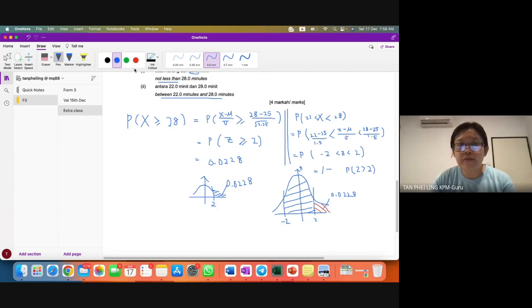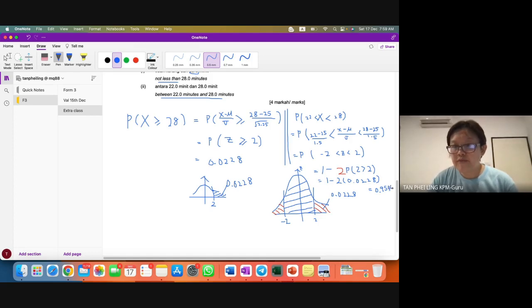And don't forget that you have another side over here that you also need to minus out. The mirror image of this part is the same as here, which is why you put a 2 in front. So you take 1 minus 2 times 0.0228. And now you will have the answer 0.9544. Do you have that?